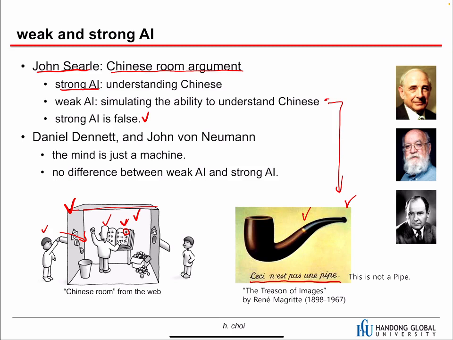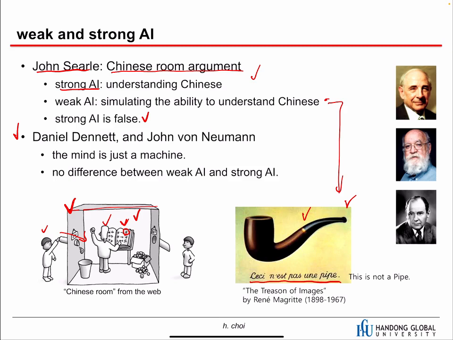Okay, so likewise, if we build up some machine which is intelligent, equivalently intelligent to human intelligence, but still this is not a strong AI, it's just a simulation. That's what John Searle said. But there is another side of this story. Daniel Dennett and John von Neumann actually said the mind is just a machine.